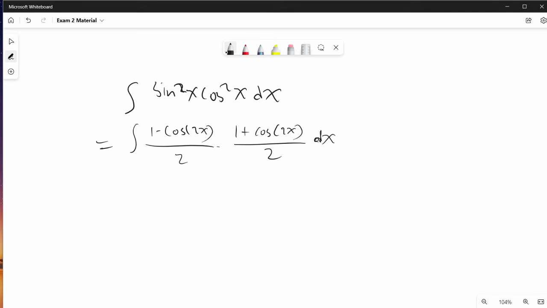In total, this is another case of the difference of squares. You get 1 minus cosine squared 2x over 4. Or you can split the fourth off, and then split this into two fractions.